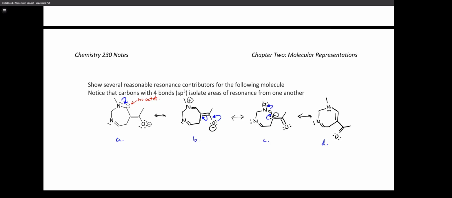What is the most important? Going to rule 2. Since all the other atoms have octets, the next rule is find the ones with the least formal charges. D. So D is the most important, or most contributing.